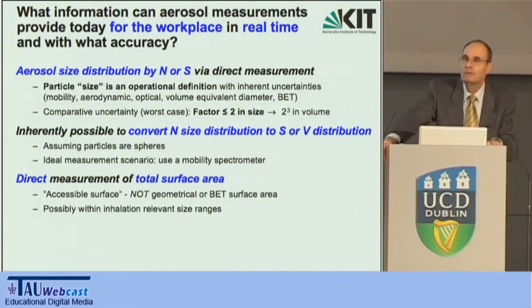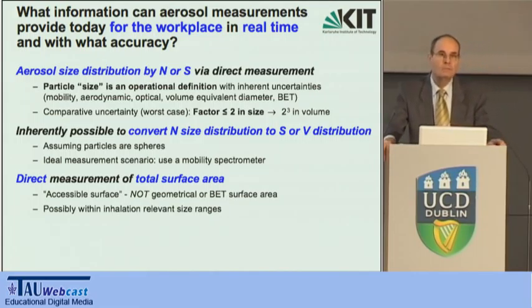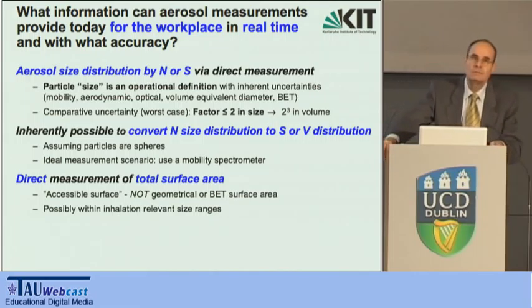It's not the surface area measured by BET. BET is an adsorption technique which pretty much has access to the entire volume, a surface area of even a complex agglomerate, including interstices and pores and so on. The aerosol techniques measure accessible surface area, accessible by whatever technique you're using. There's a factor between those.